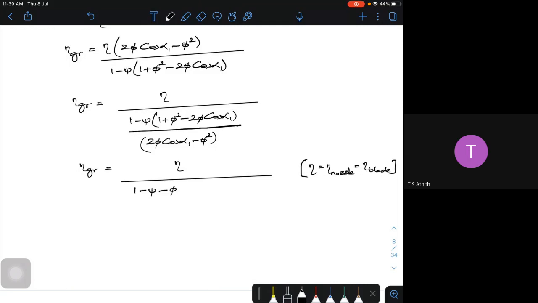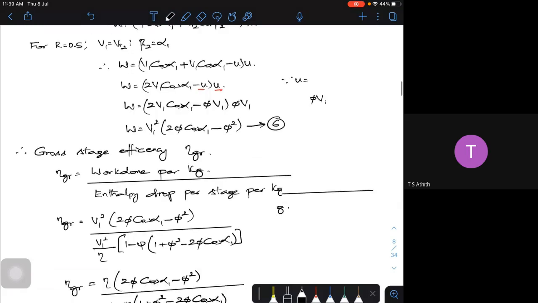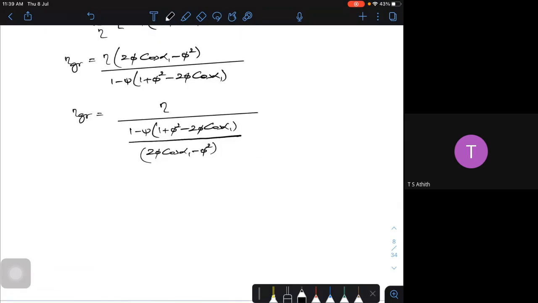If you want you can retain it as it is, and at the end we can write it. This is called equation number 7.